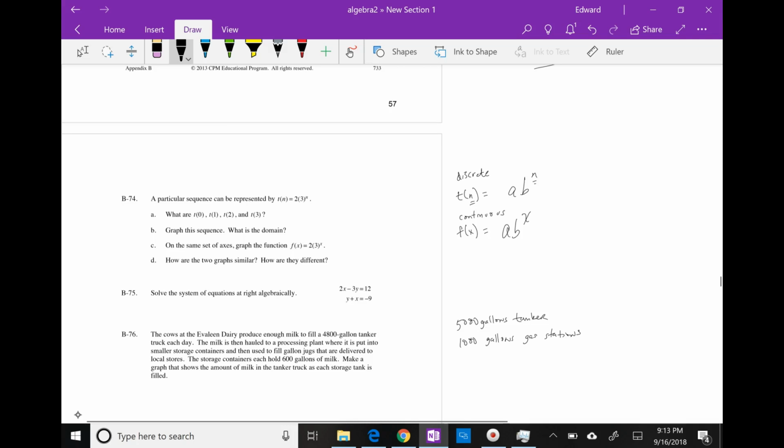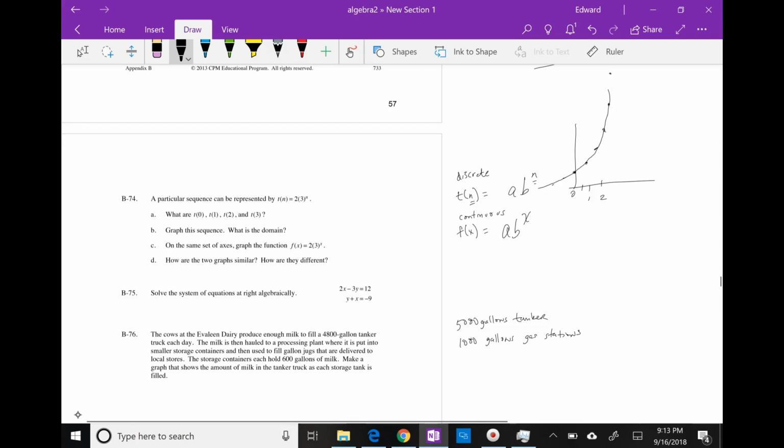So you'd have a graph that looks something like this: here, here, here, here, here, here. You can't have an n that's 1.5. This is 0. This is 1. This is 2. This actually could go negative as well. But in a continuous function, f of x equals a times b to the x, the difference is x could represent a half or a quarter or a square root of something. In other words, it could be any number along this line. So it's a continuous function.